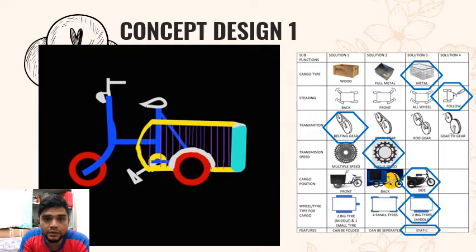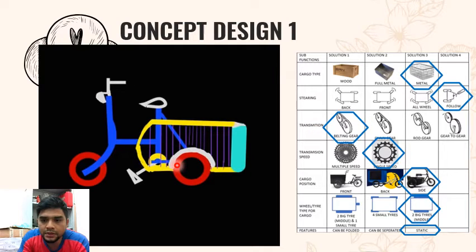Okay, next we go to the concept design. This is concept design number 1. For concept design number 1, the subfunctions we choose: for cargo type, we use the metal basket. For steering, we use the follow control. For transmission, we use a belting gear.